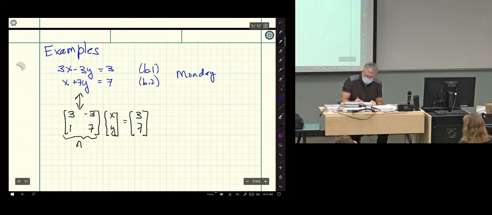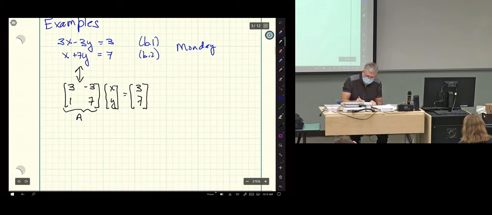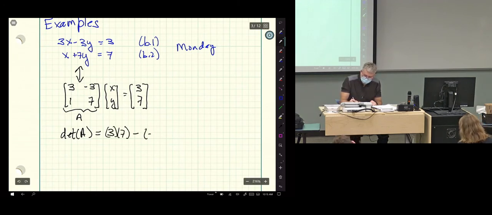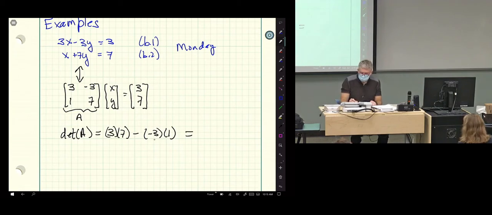If I call this A, the determinant of A is A times D minus B times C. So it's 3 times 7 minus a minus 3 times 1. Now we've got 21 plus 3, and that's 24.